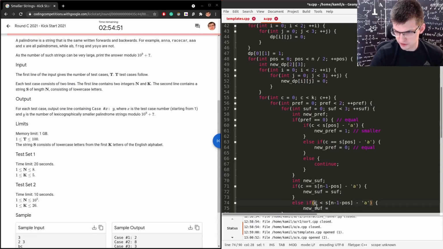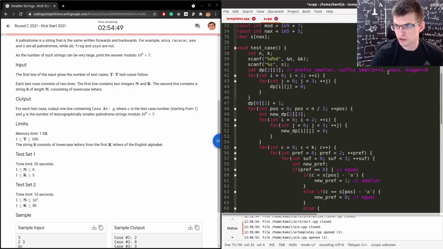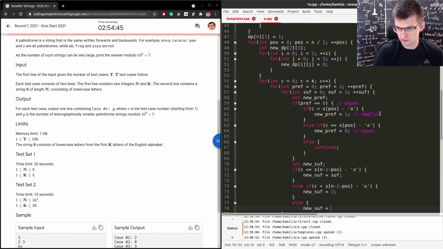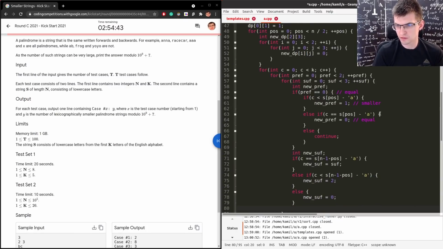If now I'm using a smaller character than 2, new prefix and new suffix.